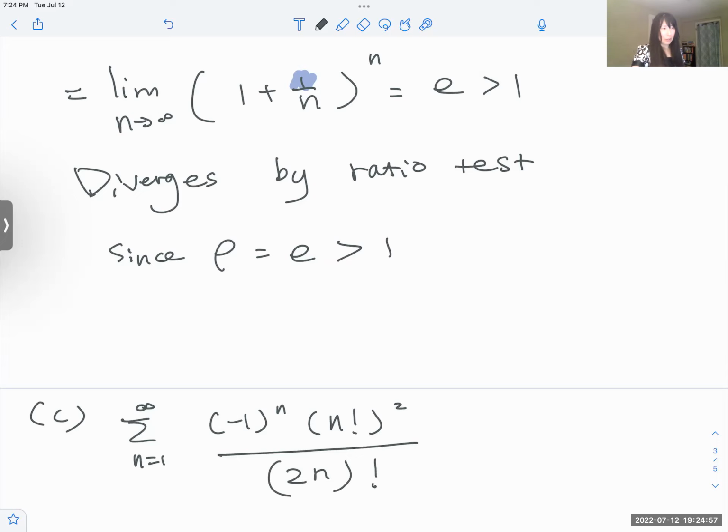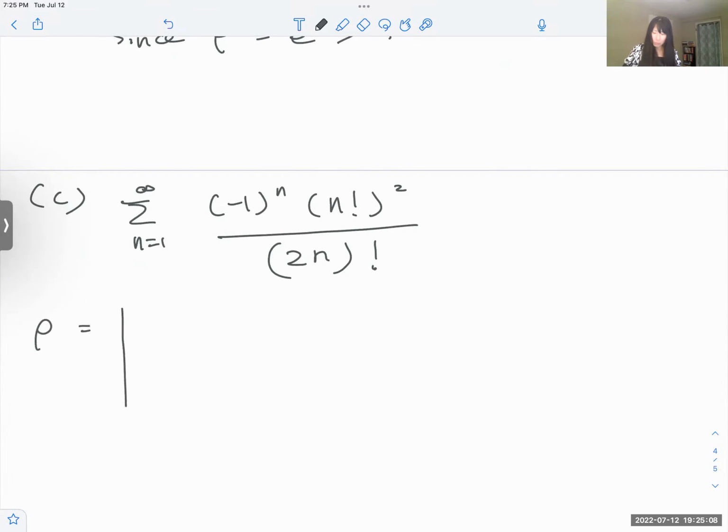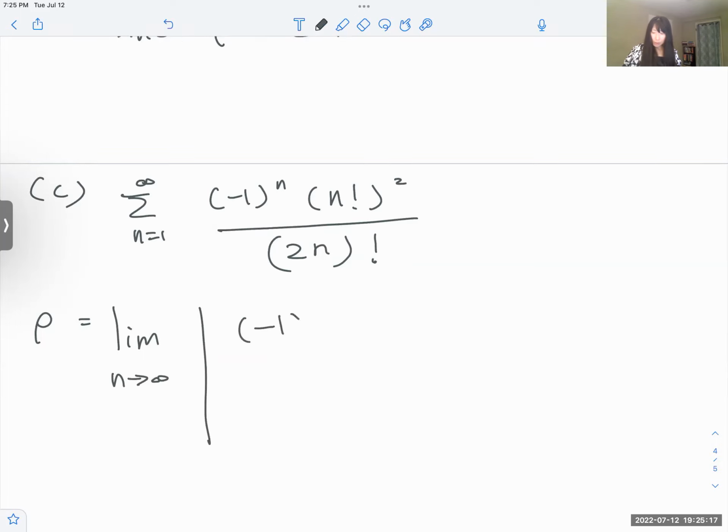We need the absolute value because we don't want the negative alternating sign. So in this case, rho equals the limit as n approaches positive infinity of a sub n plus 1 over a sub n.